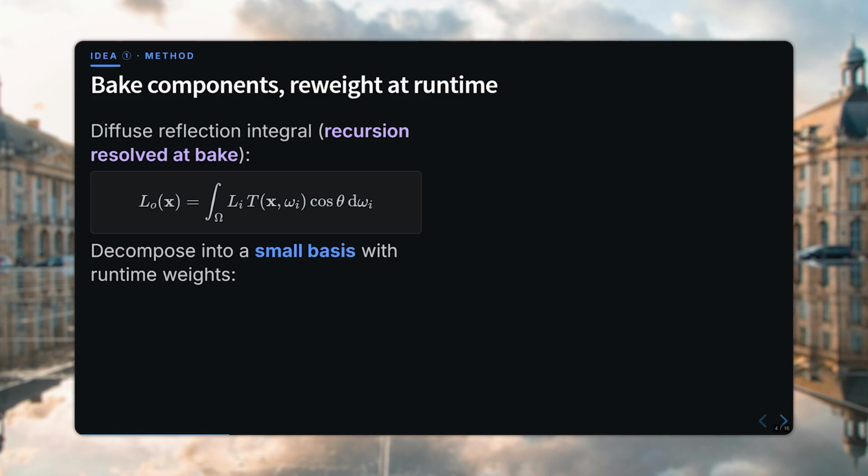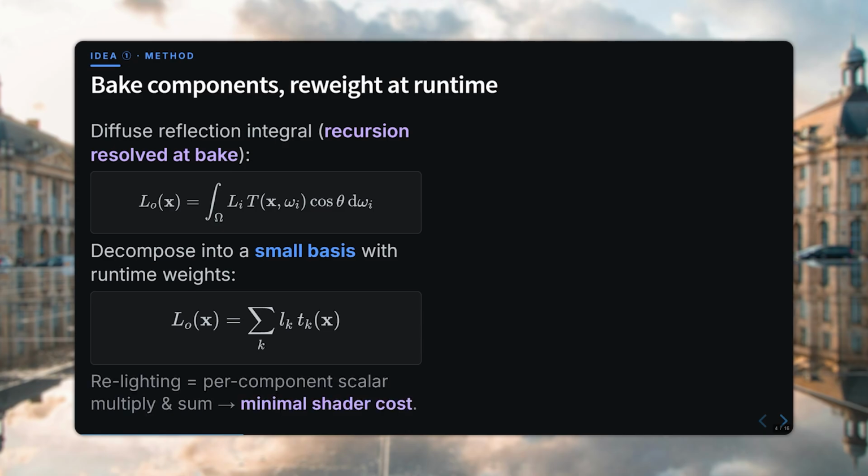Now the key step is to take the incident lighting and decompose it into a small basis with scalar weights we can set at runtime. And once we do that, the outgoing radiance becomes just a weighted sum of per component light maps. It's the weight L_k times the component T_k.